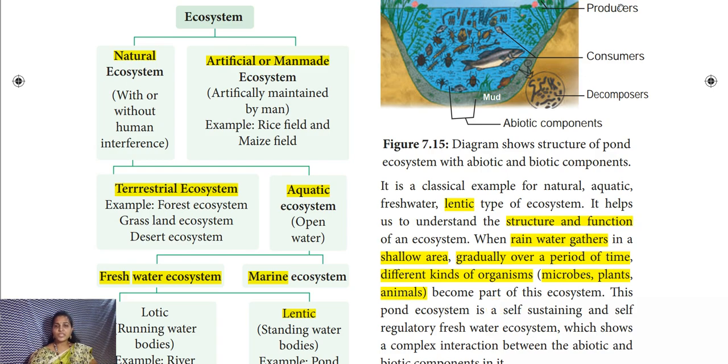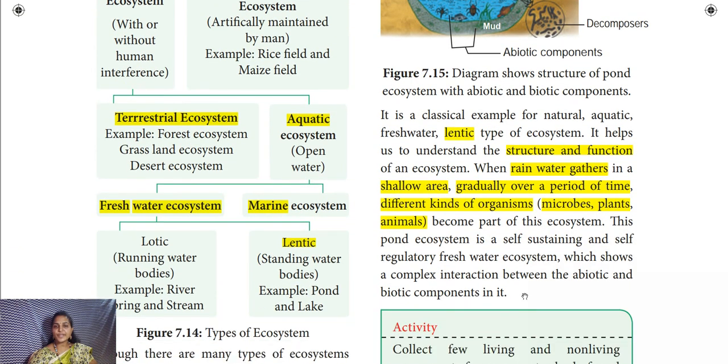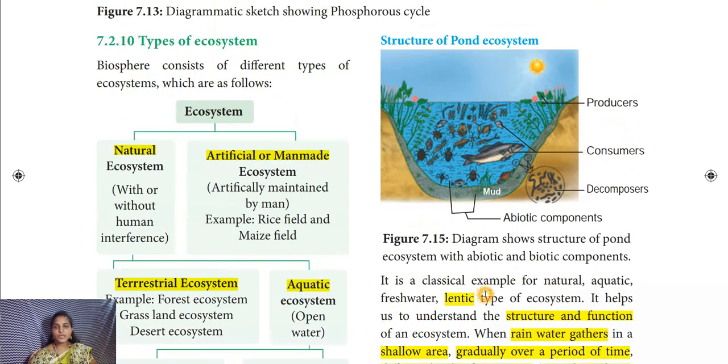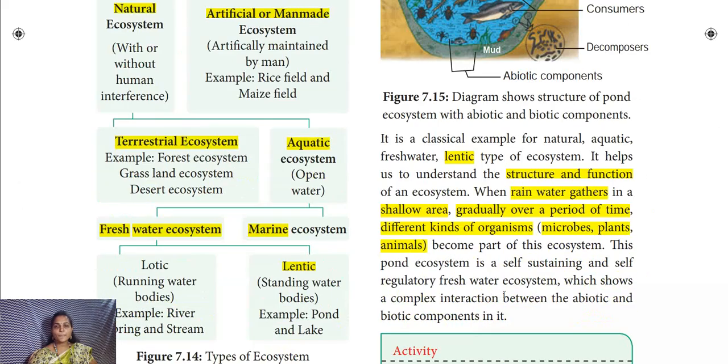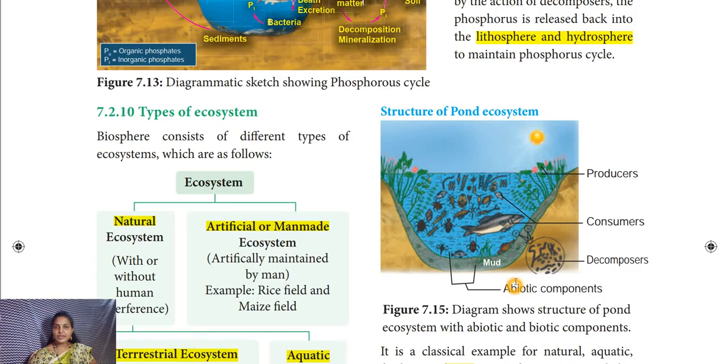Here, we are calling this a self-sustaining and self-regulatory freshwater ecosystem, which shows a complex interaction between the abiotic and biotic components. You just see here why they have given these words, biotic and abiotic components. Definitely, if it is an ecosystem with living organisms, these living organisms will depend on non-living things also.